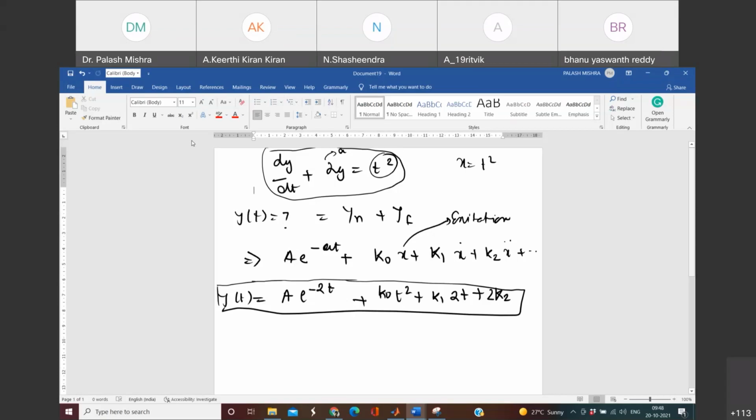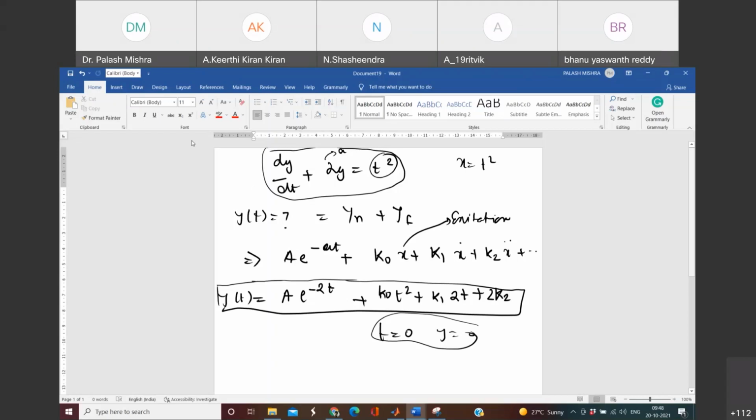Maybe they will give you boundary conditions such as at t equals 0, the response y equals 0. But the number of unknowns will always be more than the number of initial conditions given.